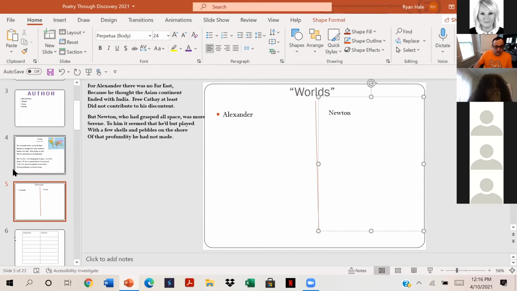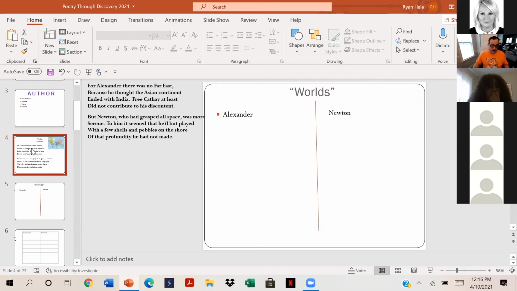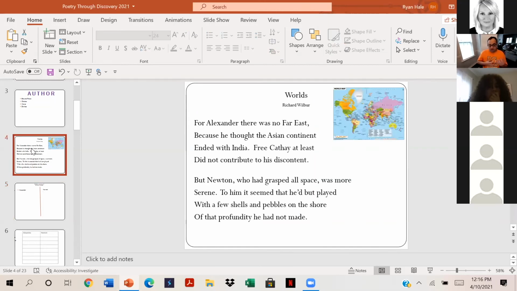I'm just pulling words that deal with some kind of contradiction or tension. They're opposites, they butt heads, maybe they go together. Maybe they're enemies, maybe they're best friends. All I'm doing is pulling some words out that seem in some way to go together. So I came up with Alexander and Newton because I saw those.